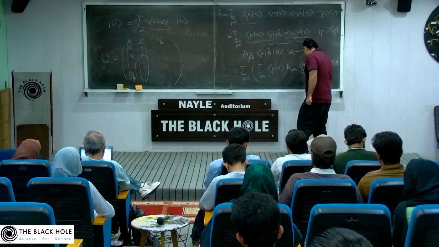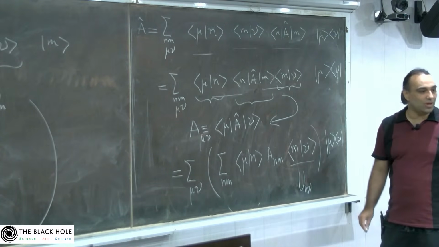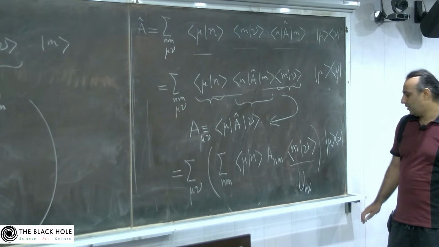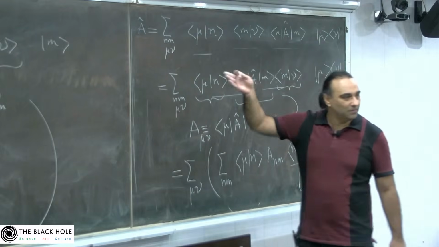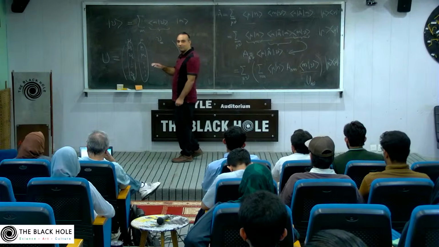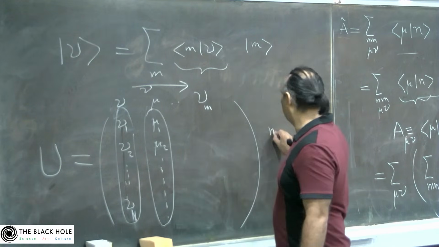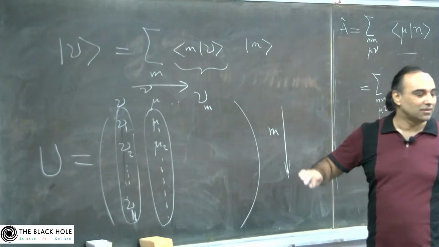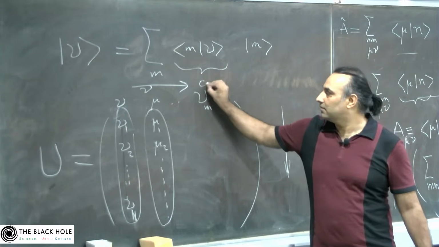This object is simply μν. Because this ν is for the column and n is for the row, ν runs over here, m runs over here, so it's row index, column index.